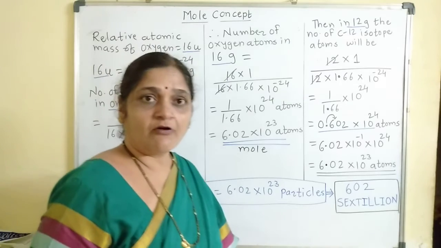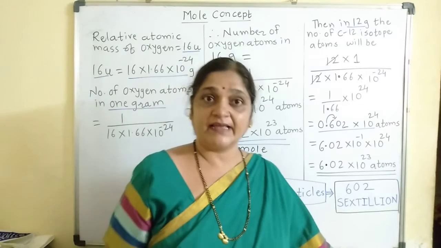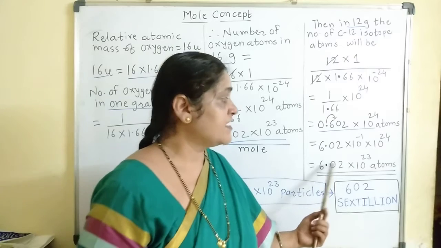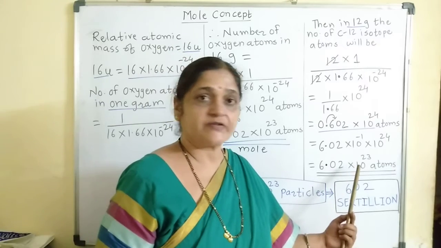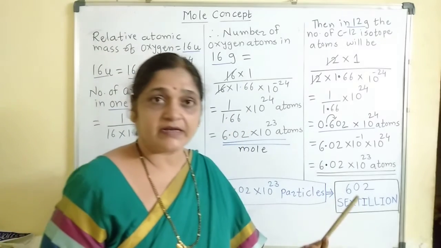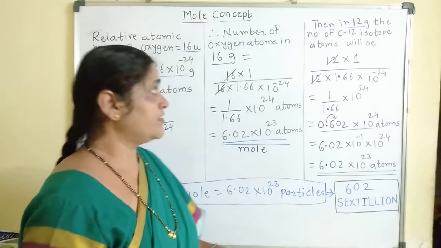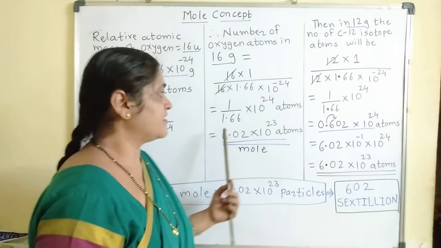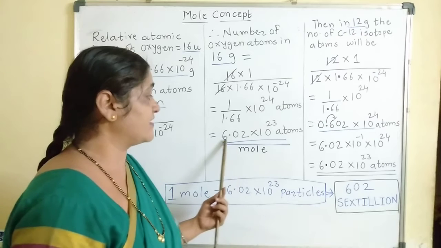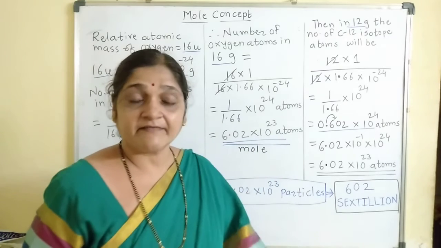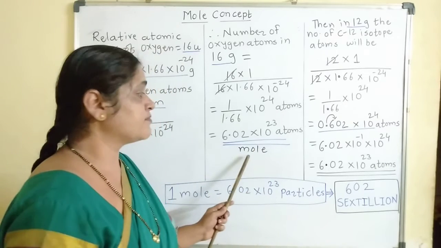So we have got the same answer: 12 gram of carbon isotope contains 6.02 into 10 raised to 23 atoms, and for oxygen also 6.02 into 10 raised to 23 atoms. Now this number of atoms is a very special number, 6.02 into 10 raised to 23. This very special number is known as mole.